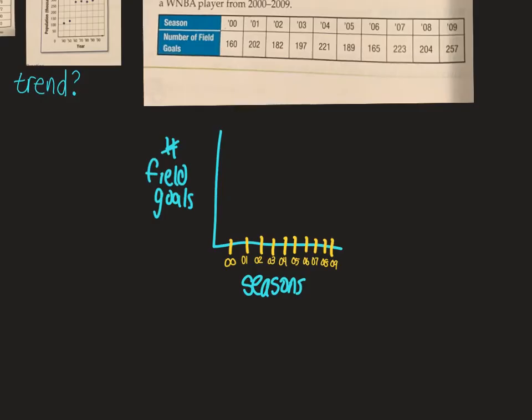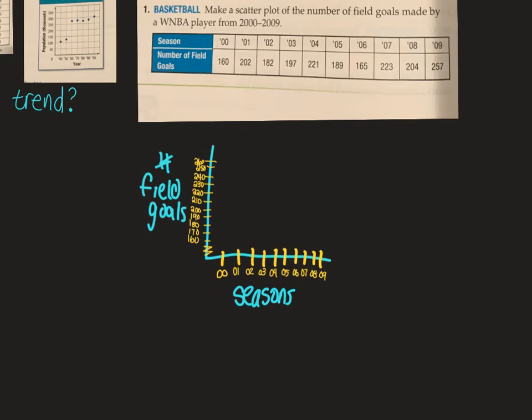So along my x-axis, I need to count 2000, 2001, 2002, 2003, all the way up to 2009. And along the y-axis, I'm going to do a little break and start at 160 and go to 260.